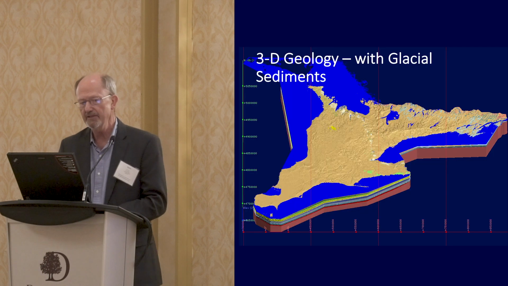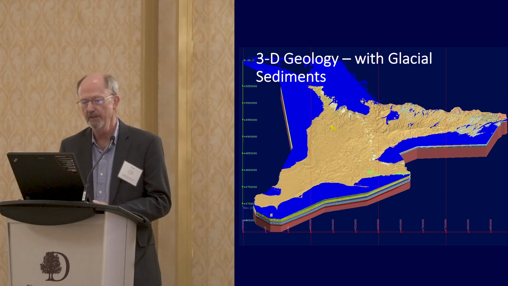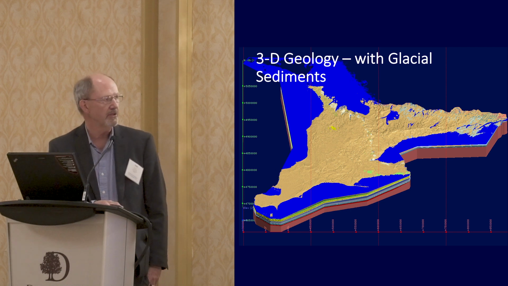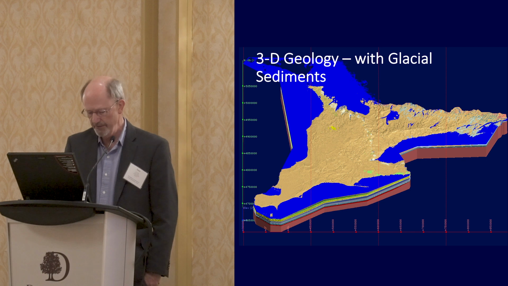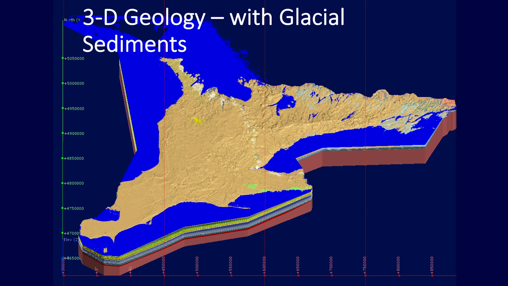So the next few slides are from the model as it exists now. So this is showing the 3D geology with the glacial sediment sitting on top of the bedrock. So you can see the moraine systems on here. Now I don't know if you can see the detail down in here. So with the model, there's a free software viewer. All the images I'm showing you are using the free software viewer.